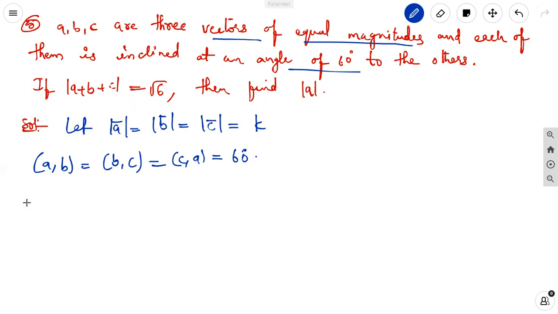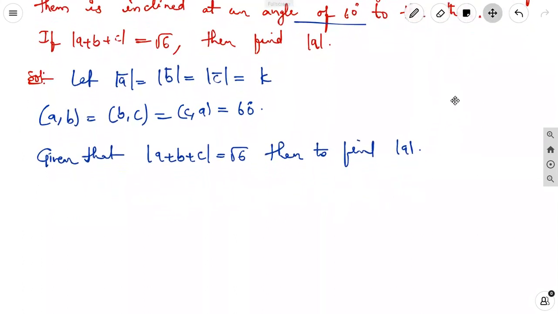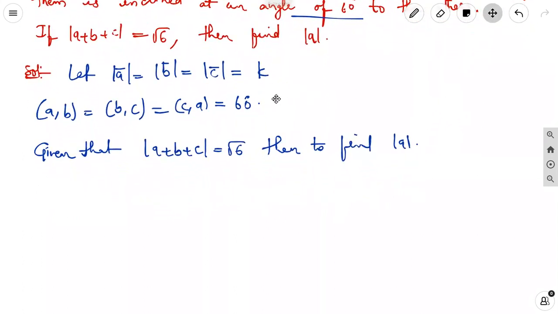And what relation have they given? Given that modulus of A plus B plus C is equal to root 6. Then to find mod A value. They have already given equal magnitudes, so if we can find A, B is also K and C is also K. What we get as the modulus of A vector is the same value as B and C also.